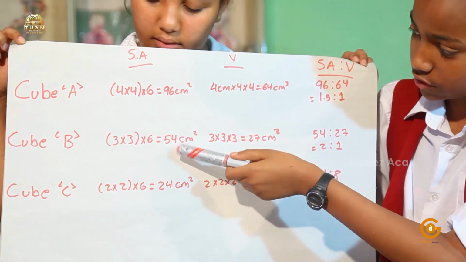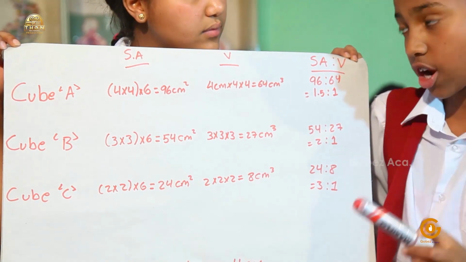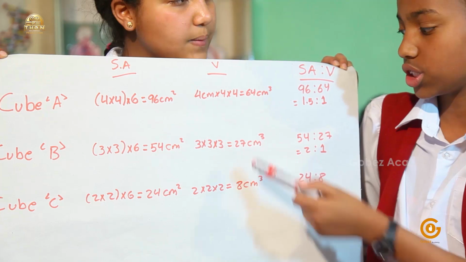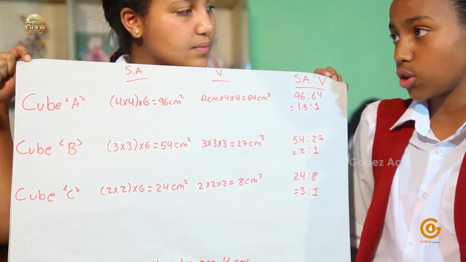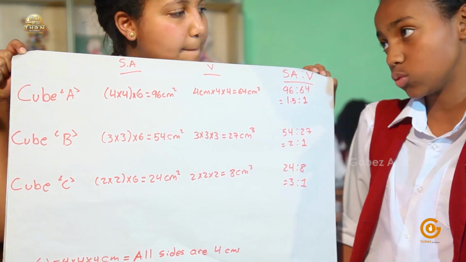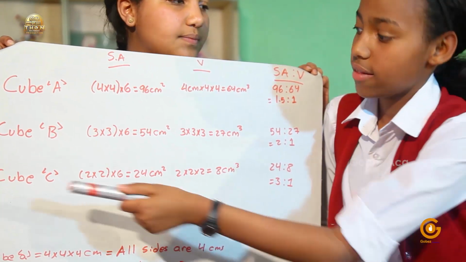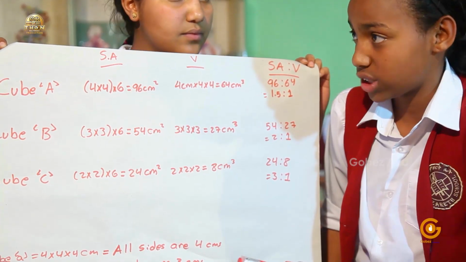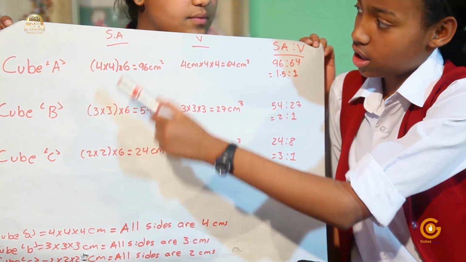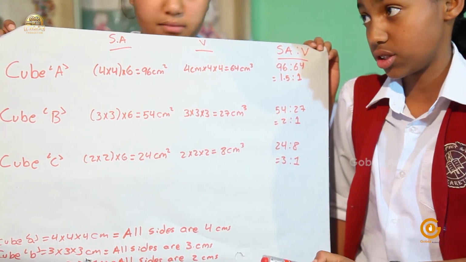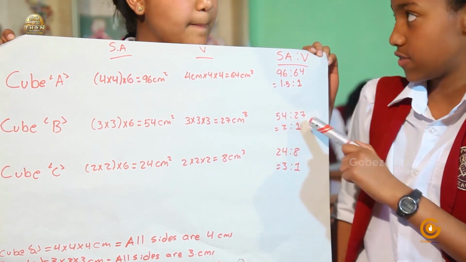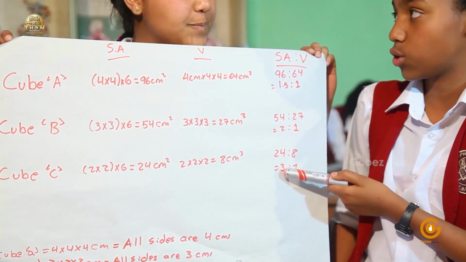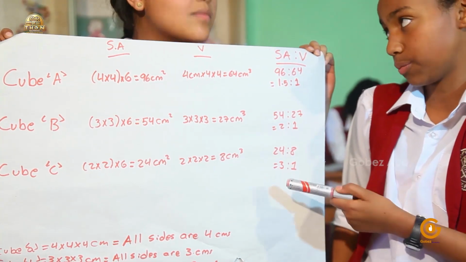Cube B has 54 centimeters squared surface area, volume 27 centimeters cubed, and the surface area to volume ratio is 54 to 27, which is 2 to 1. And then cube C, which has sides of 2 centimeters, has a surface area of 24 centimeters squared. The volume is 8 centimeters cubed, and the surface area to volume ratio is 24 to 8, which is 3 to 1.